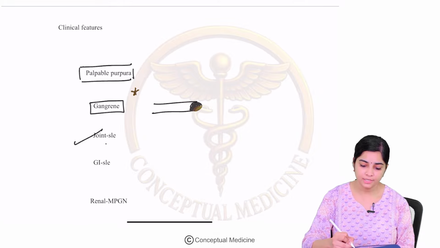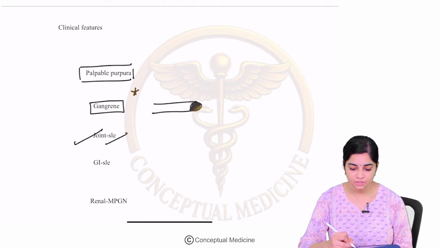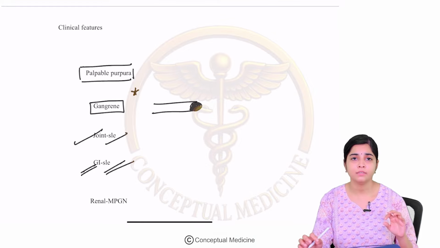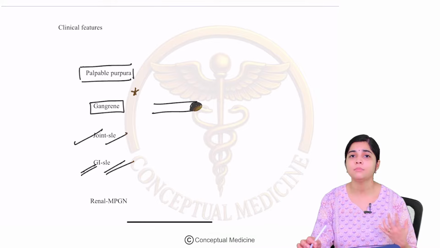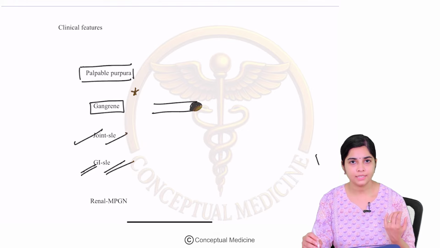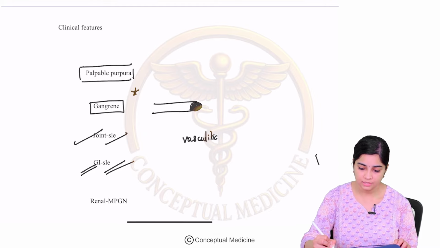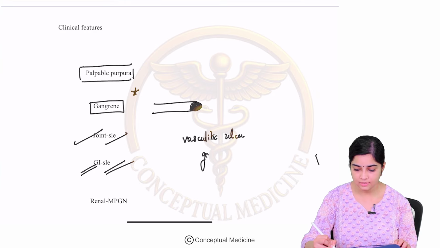If there is joint involvement, you can think of SLE. GI involvement, yes, it is associated with SLE, right? So they can have small vessel involvement. A certain amount of medium vessel involvement can result in vasculitic ulcers, gangrenes, and GI bleeds.